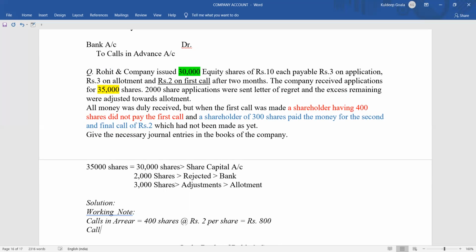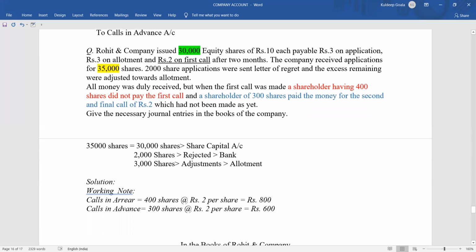And now coming to the calls in advance. A shareholder of 300 shares paid the money for the second and final call of rupees 2. So 300 shares at the rate of rupees 2 per share. How much is it? 3 twos are 600. Clear? Calls in advance we also got.